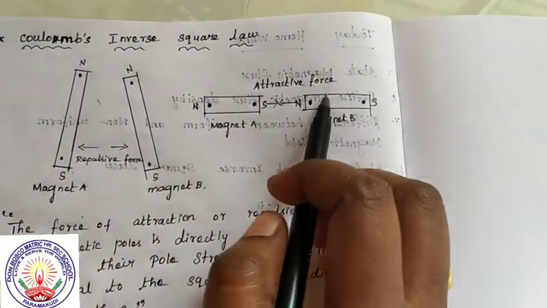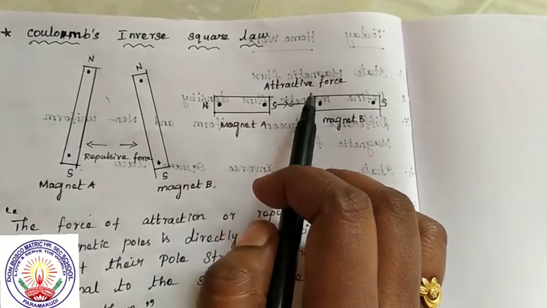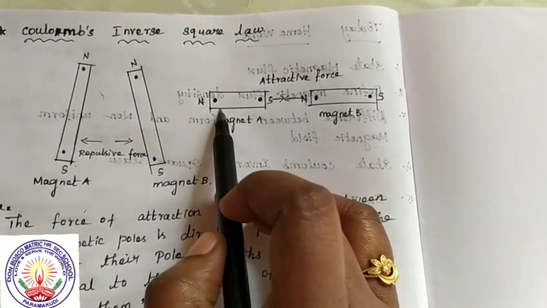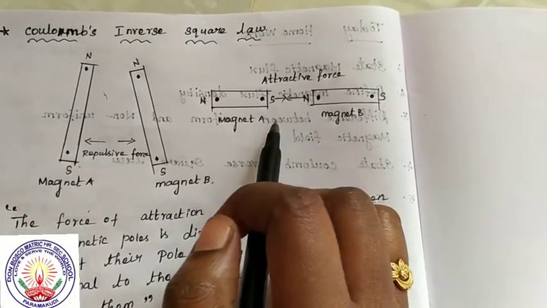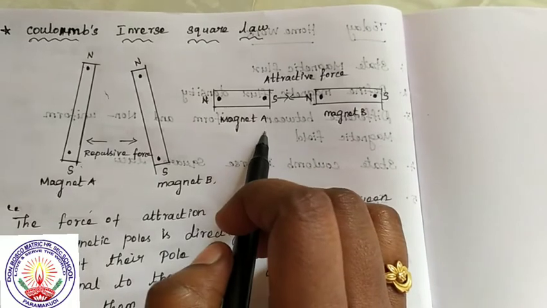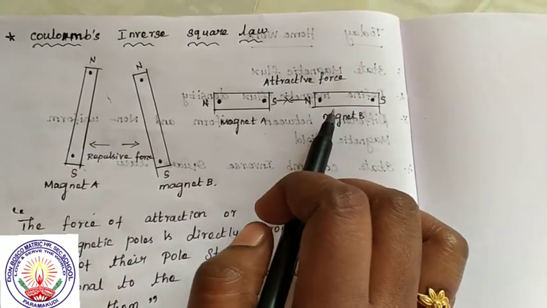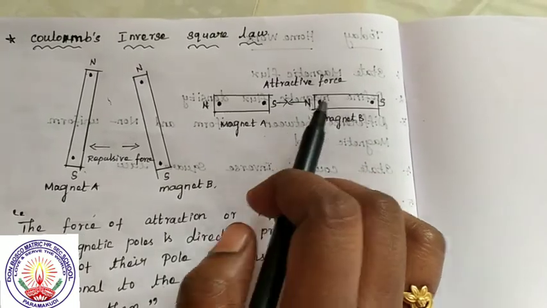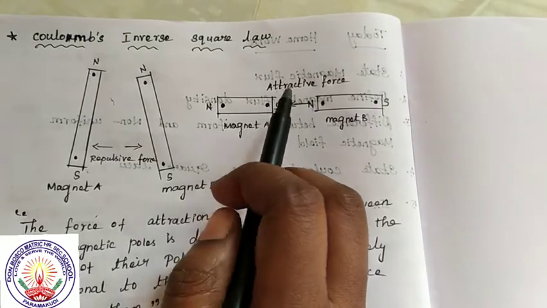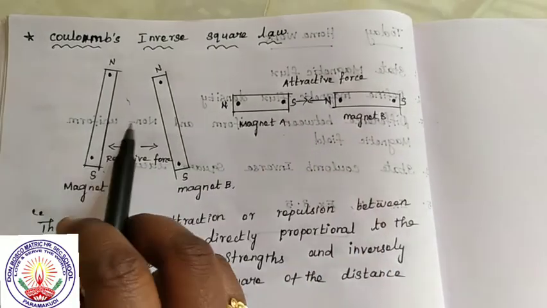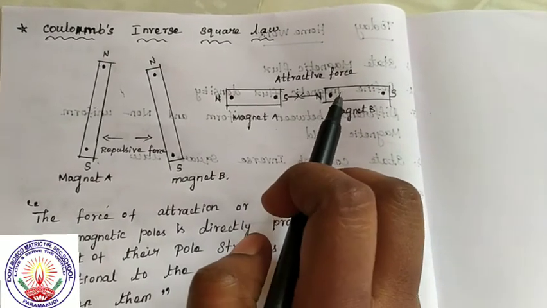This is the repulsive force. At the same time, when the north pole of magnet A and south pole of magnet B are brought closer, the two magnets attract each other. This is the attractive force.